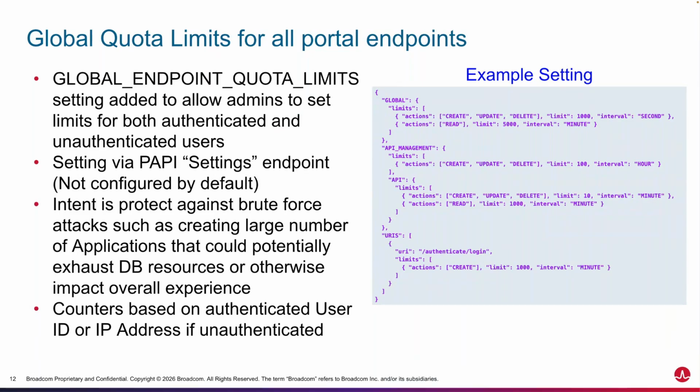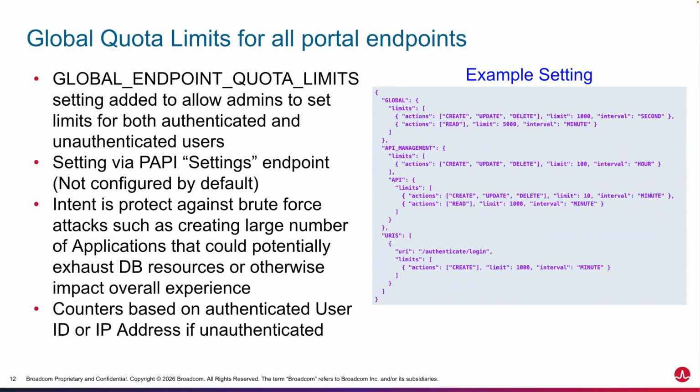Right, so through this, for example, I could say I want to limit the creation of or updates or deletes of any APIs to 10 per minute max, right? Once that's in place, anyone that's trying to do more than that will start to get error messages and basically be prevented from taking those actions until the interval has expired to reset their limit.